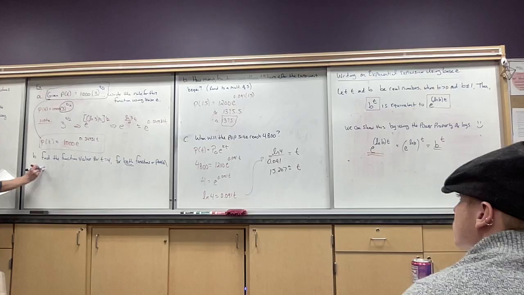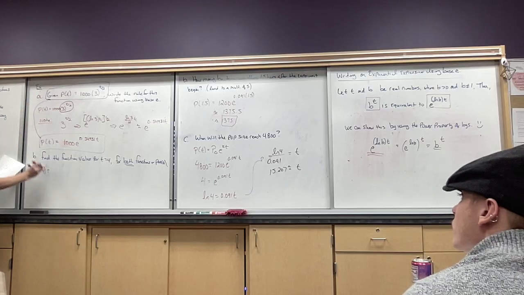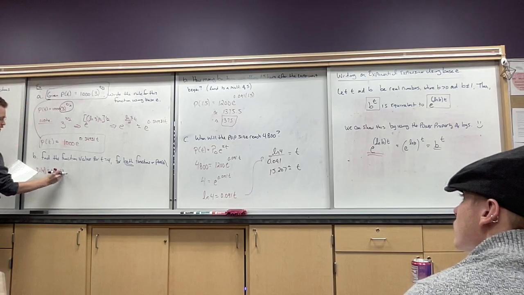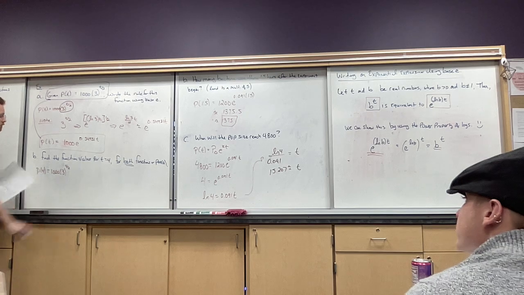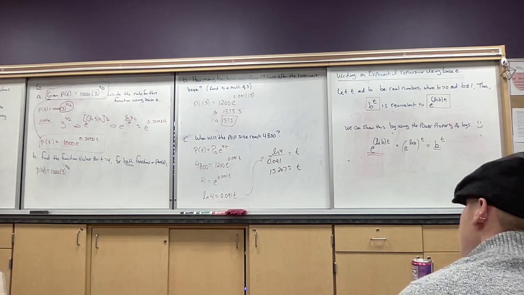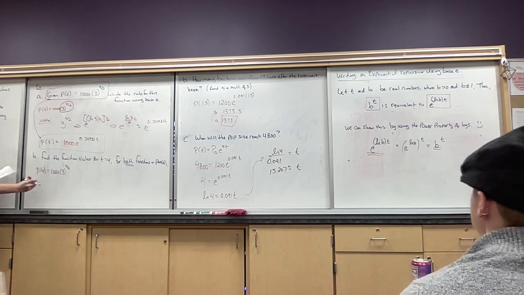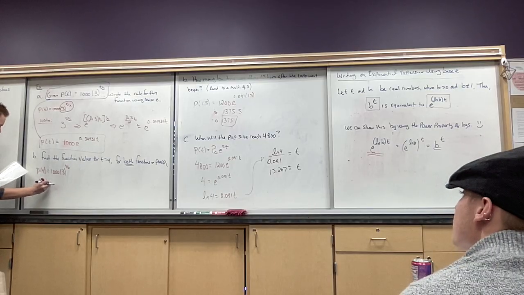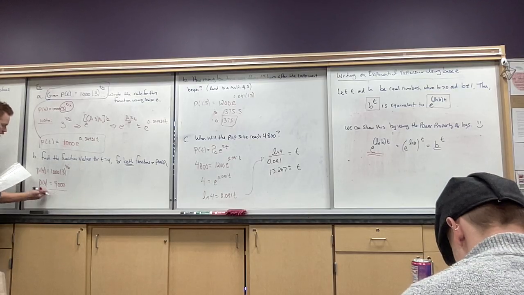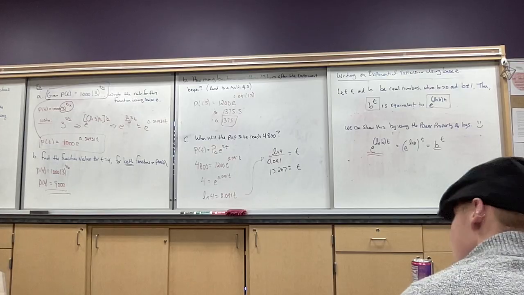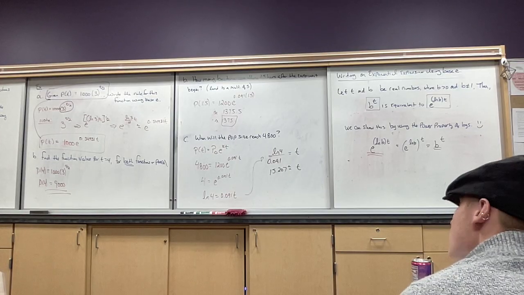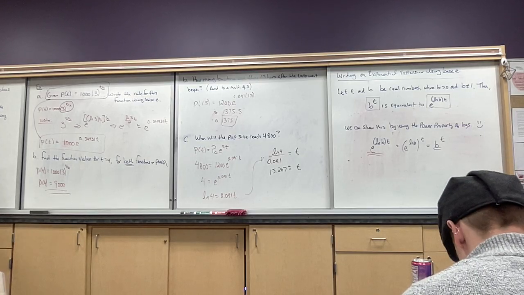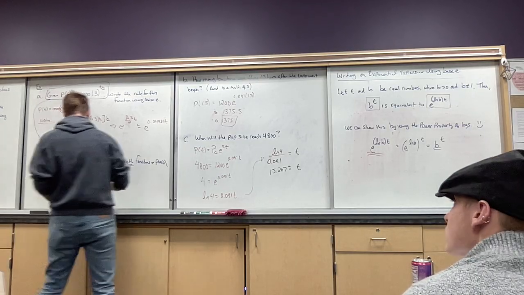So let's see. P of 4, I'm going to plug into the first one: 1,000 times 3 to the 4 over 2 power. When you type it in the calculator, you get exactly 9,000. Now let's plug it into that new function I created, and hopefully we get close to the 9,000 mark.